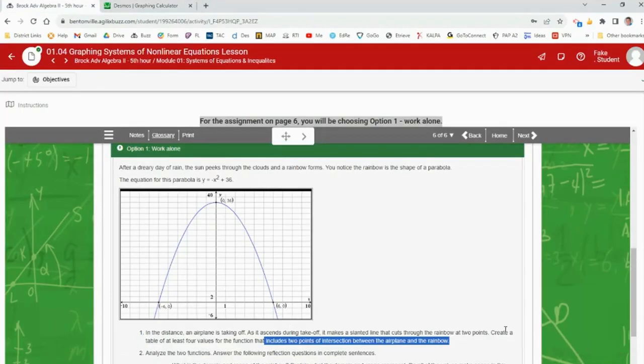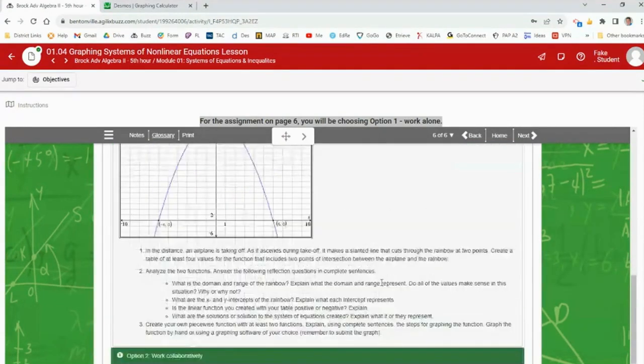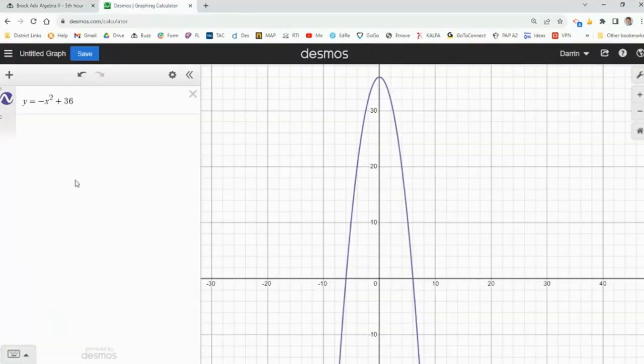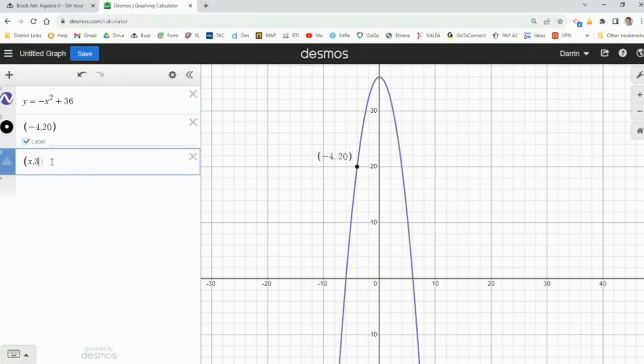But 4 values for a function. So if you're choosing a function, it should be a linear function, right? If I'm going to choose the point negative 4, 20, and then I'm going to choose the point, what did I say this was? 2, 32.